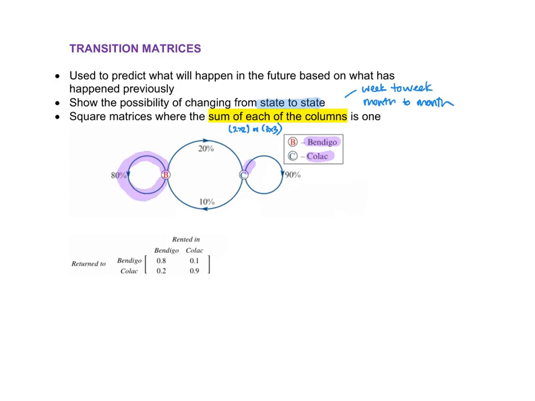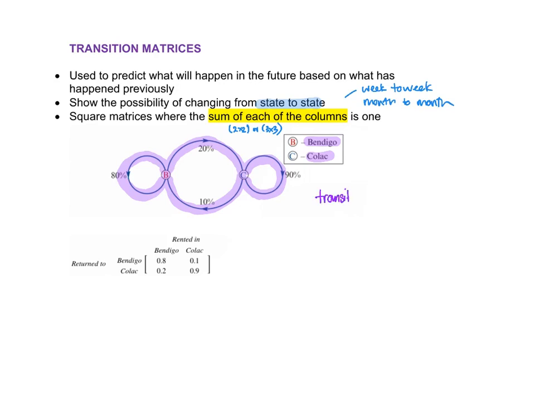And 90% of those who rent it in Colac return it to Colac. Then 20% who rented in Bendigo will return it to Colac, and 10% who rented in Colac return it to Bendigo. So this is a transition diagram.